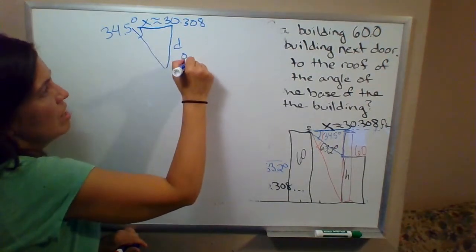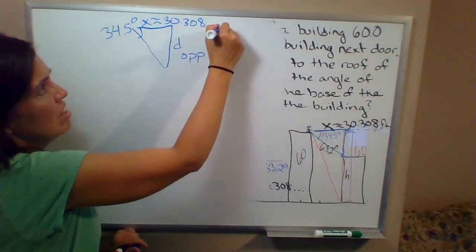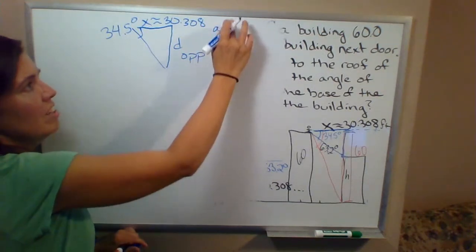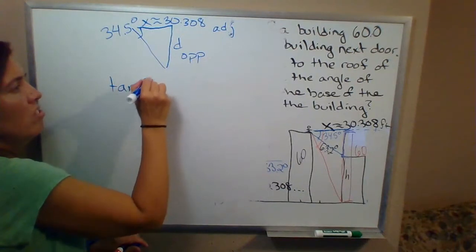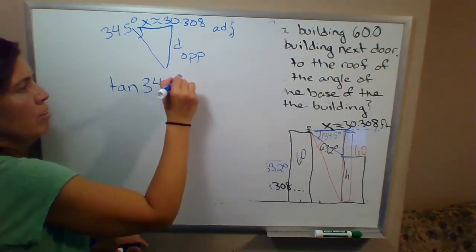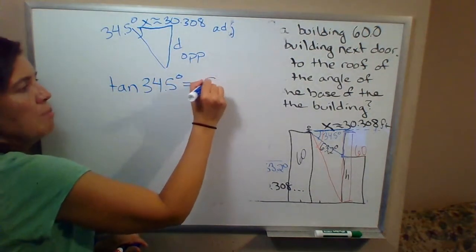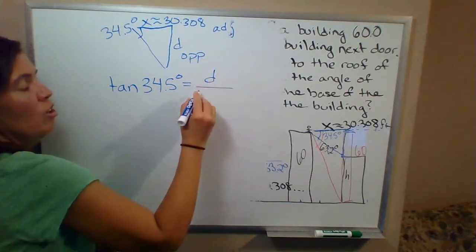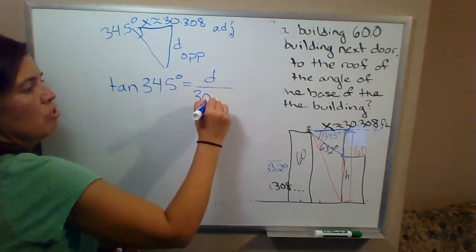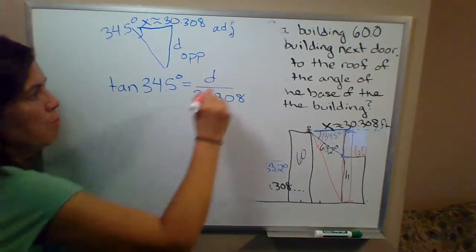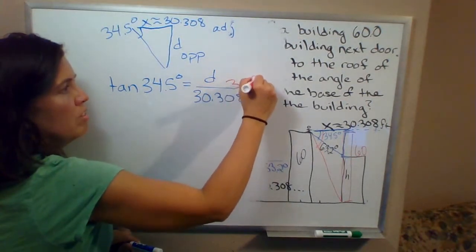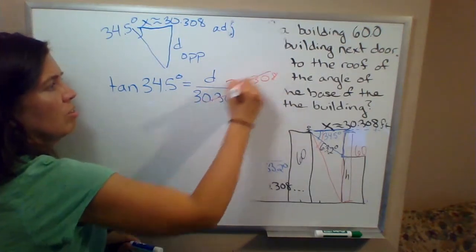So again, this is the opposite side. This is the adjacent side. Opposite and adjacent, I'm going to use the tangent function. Tangent of 34.5 degrees equals the length of the opposite side, which is D, over the length of the adjacent side, which is 30.308. And so if I multiply by that 30.308 on both sides, this will cancel.